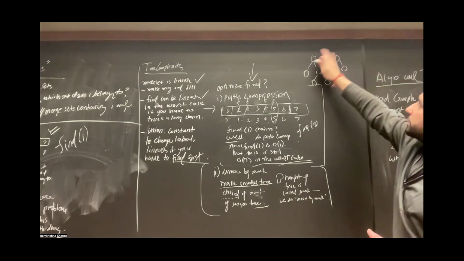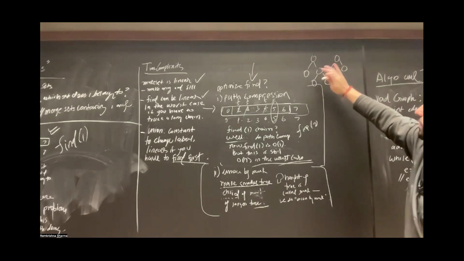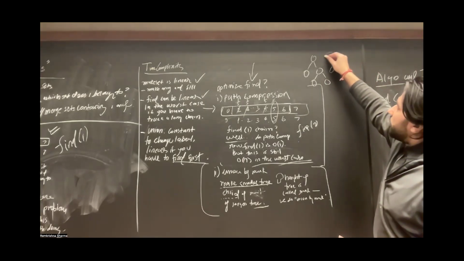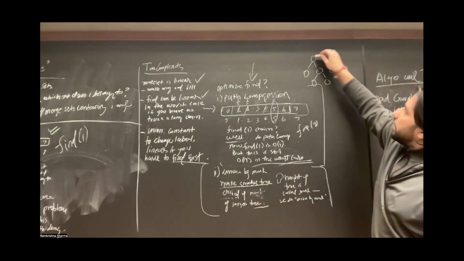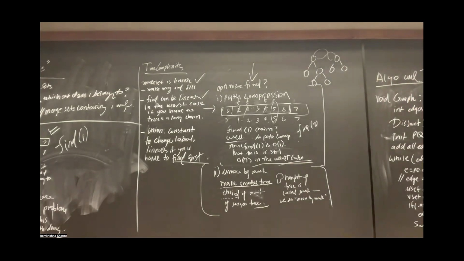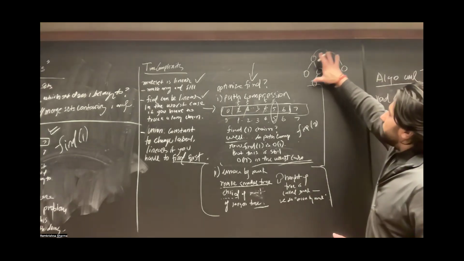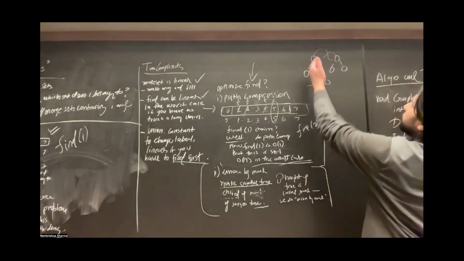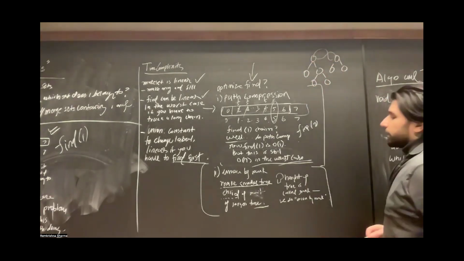There are 2 ways you can combine both of these sets. You can union them in a number of ways. You could make this the child of that tree, so this is kind of on top. You could make that the child, right? Now, you can intuitively understand that the height of the tree remains the same if I take the smaller tree and make it a child of the root of the higher tree.